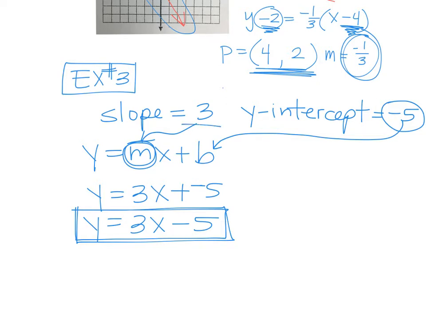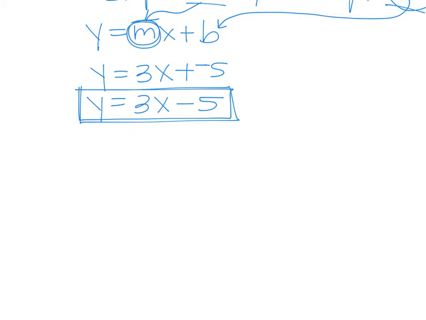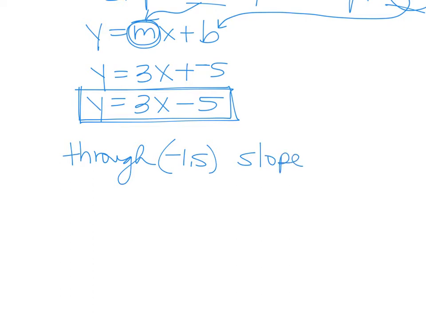They give you the slope, they give you the intercept, you just plop it in the form. Okay? If instead they ask for the equation of a line through the point -1, 5 with a slope of 2. Okay? This one's a little more difficult because now you have a point and a slope, so you have to put it into that point-slope form, right?